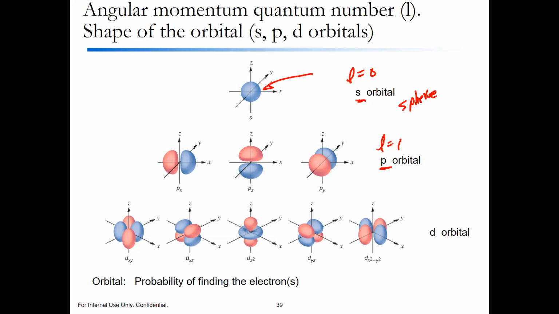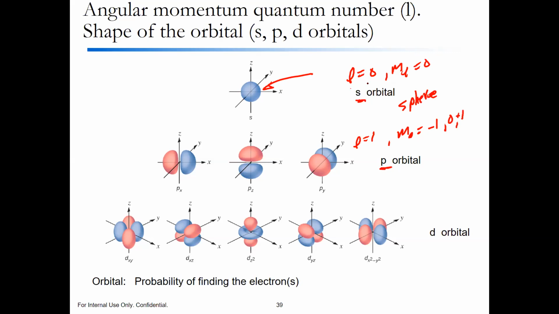And then when L equals 0, m_L equals 0. When L equals 1, it's a p orbital, m_L equals minus 1, 0, plus 1.